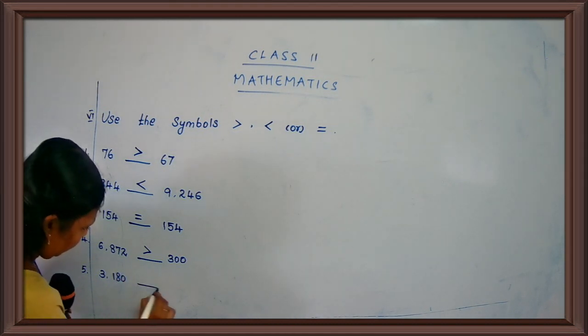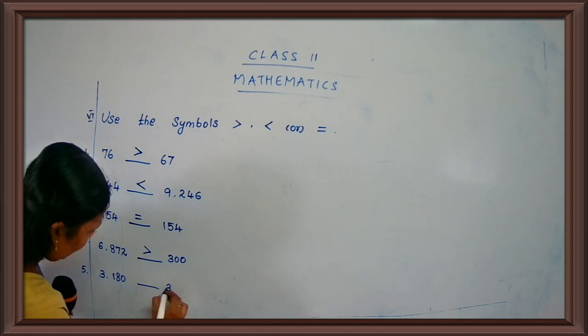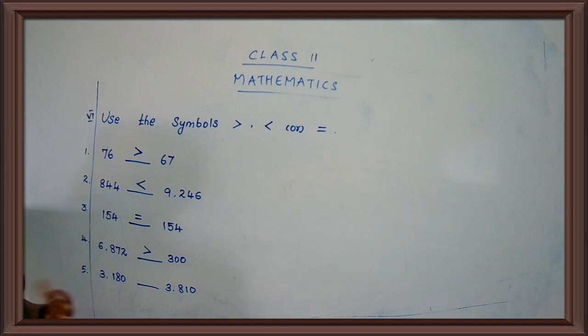3180 and 3810. Okay, this is how many digit number? 4-digit number. A 4-digit number starts from 1000. How many thousands are here? 3000.